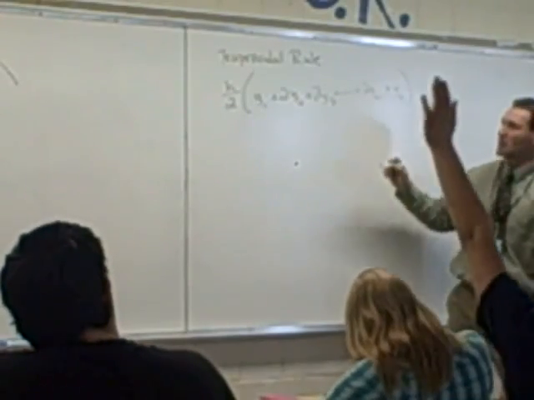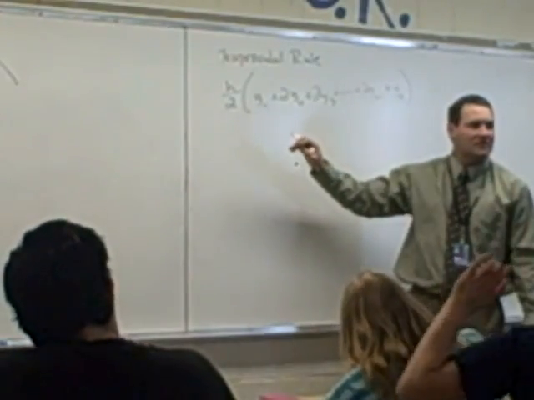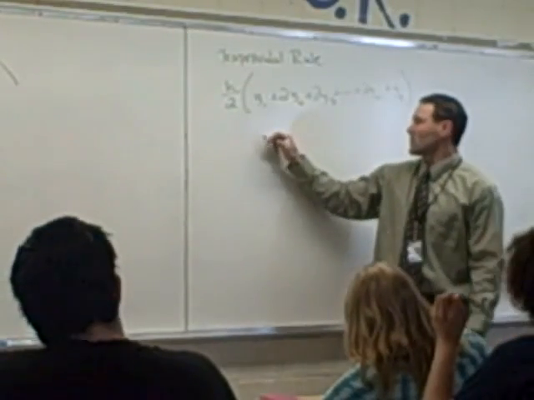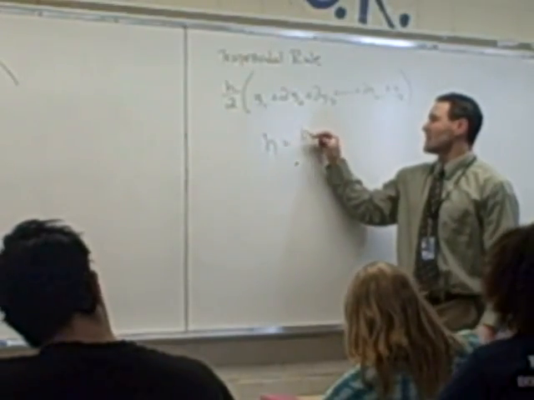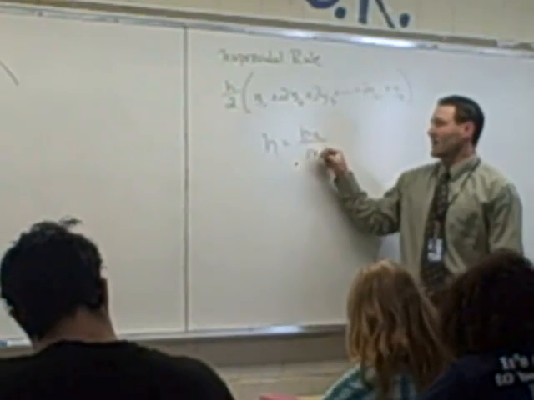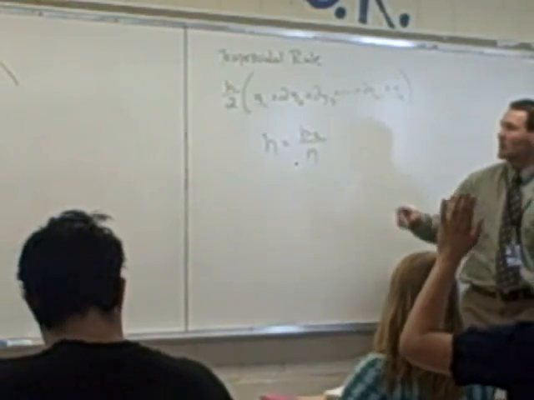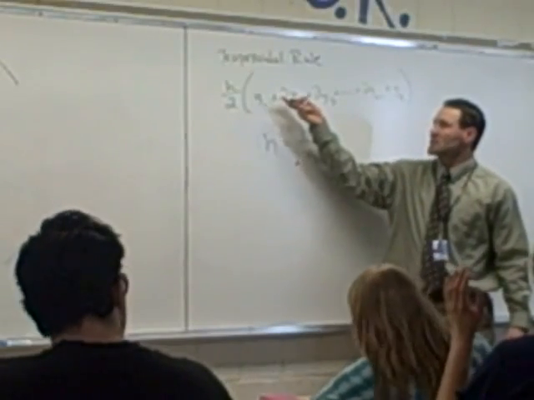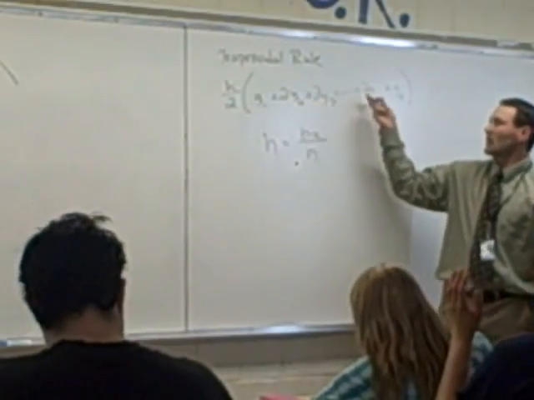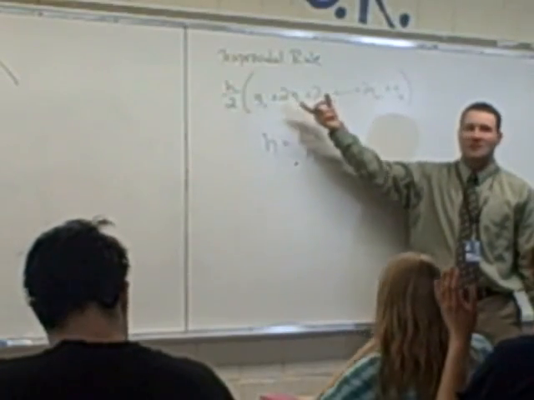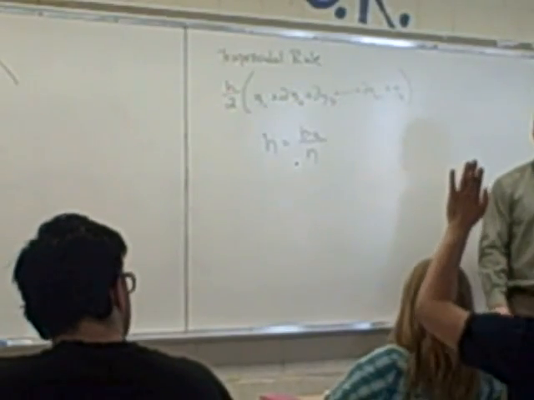This is in your book. H represents the width of the partition or the interval. So H is always B minus A all over N. We've used H before. It's always the Y value plus 2 times all those Y values, and then the last one's out. So the first and the last ones are just regular Y values. Everything in the middle is times 2.